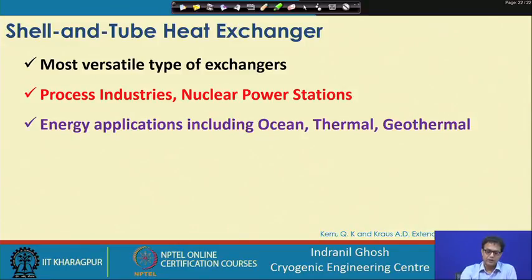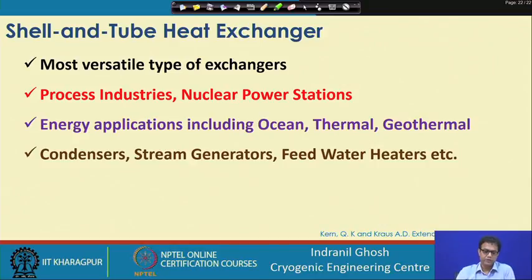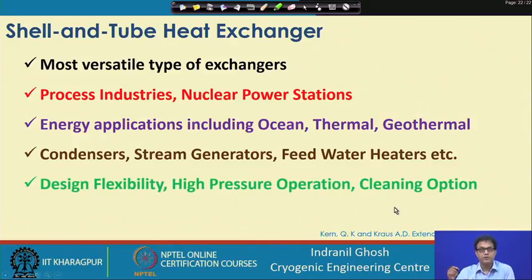These are some of the heat exchangers where we typically use the shell and tube type heat exchangers, as I told you, condensers, steam generators and the feed water heaters. And the advantage of this type of exchanger is that it gives very good design flexibility.